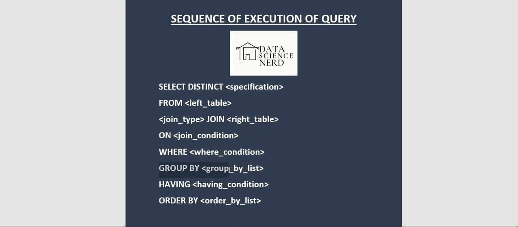Now what is the group by clause? We perform group by on an aggregate function. First of all, what is an aggregate function? Let's say we have employees whose country of origin is given.